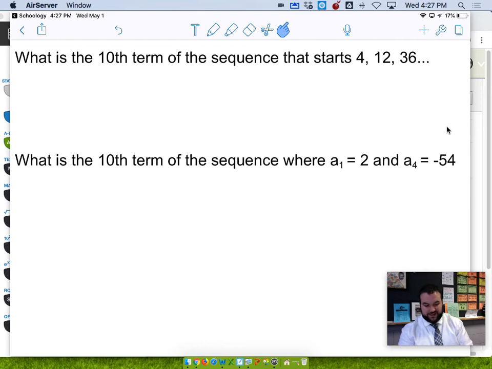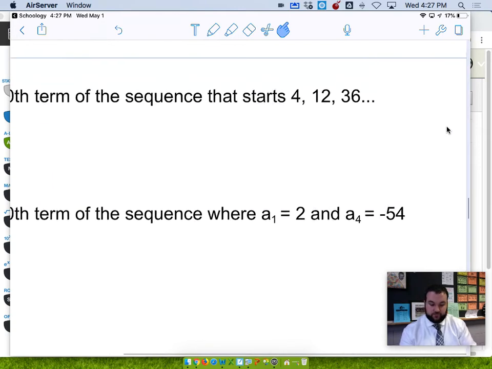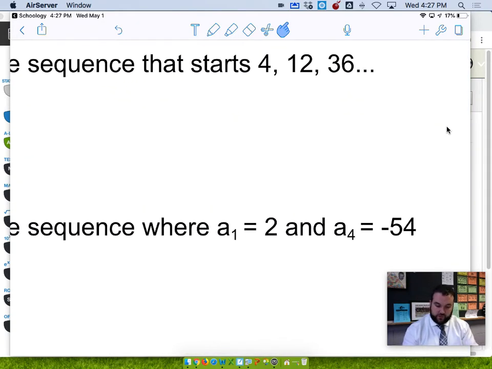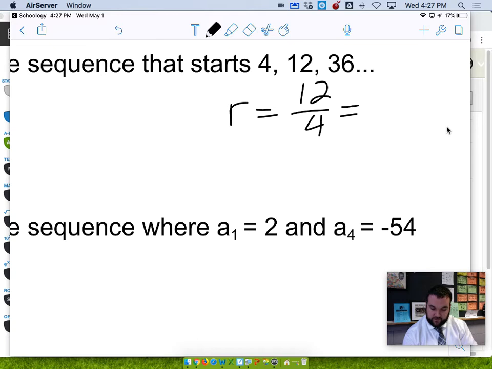Very similar to 9-2. What is the 10th term of the sequence that starts 4, 12, 36, and so on? You may be able to see very quickly that that's multiplying by 3, but just in case you don't, to find the common ratio, we're going to take the second term and divide by the first term. Sure enough, 12 divided by 4 is 3, and our first term is 4.